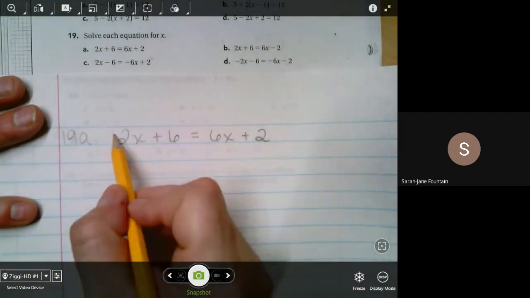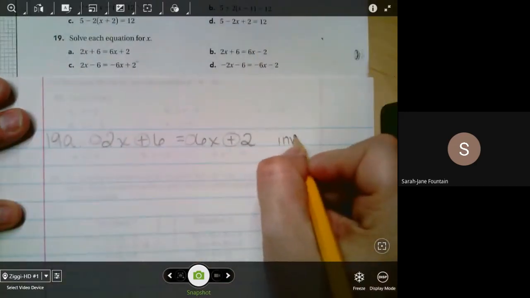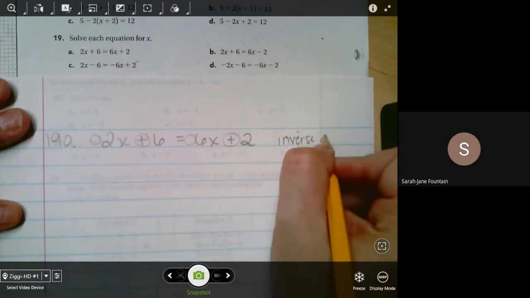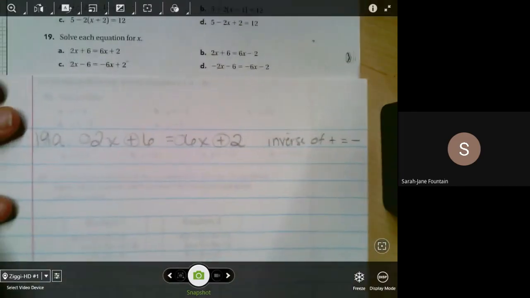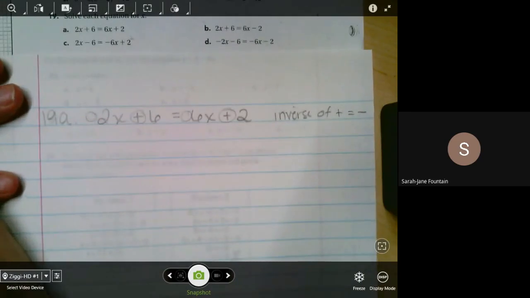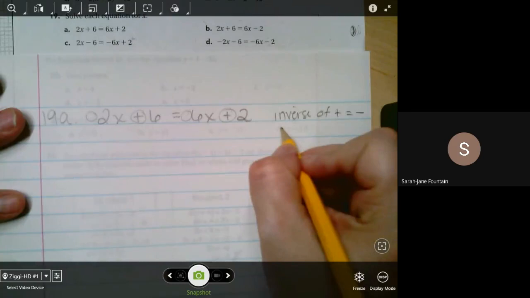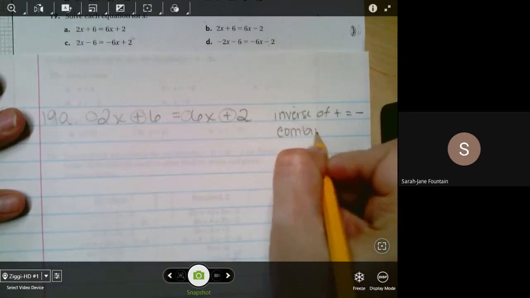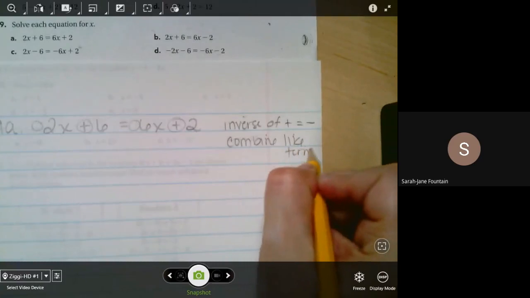Well, then you look, this is positive, this is positive, this is positive, and this is positive. So the inverse of addition is subtraction. So now I know I'm going to subtract. Whatever side I decide to do, I'm going to subtract, and I want to combine like terms.